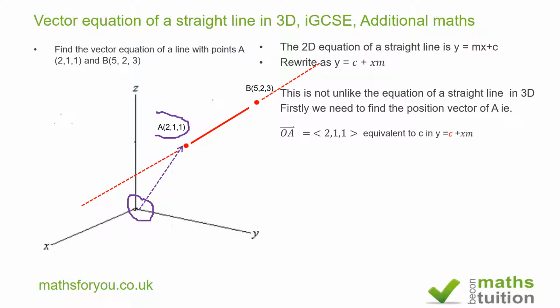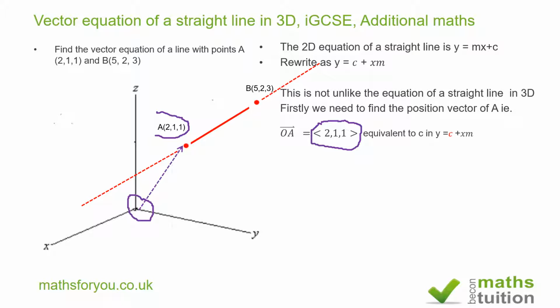So the components of this position vector of A are 2, 1, 1. Now, that is position vector of A, or if you like, vector OA.